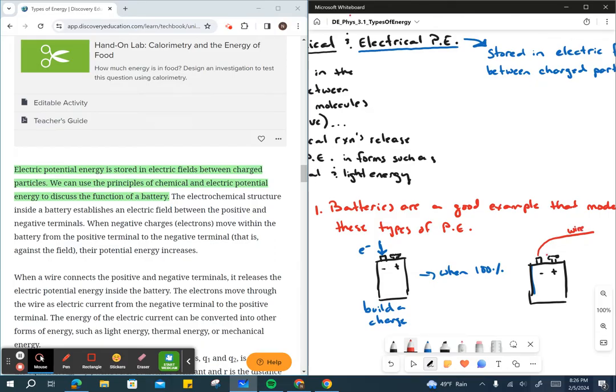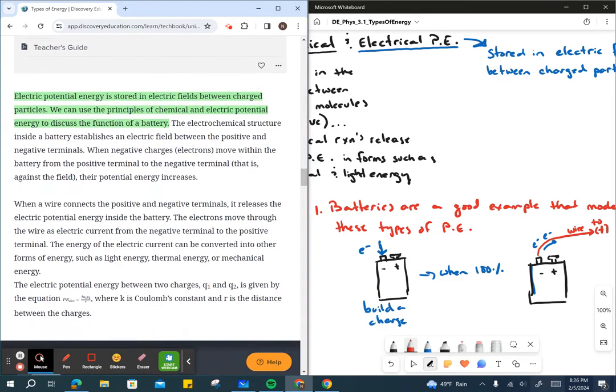Your electrons would flow out from the negative terminal to the positive, right? And so these are just some examples. In this case, you have chemicals inside the battery, which are storing the chemical potential energy. Okay.